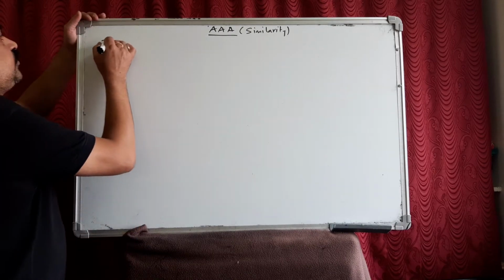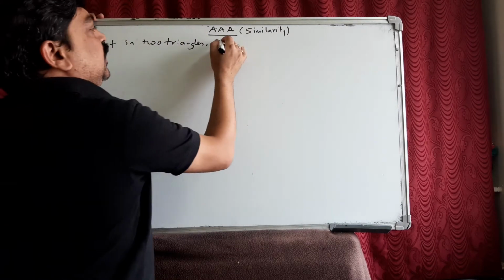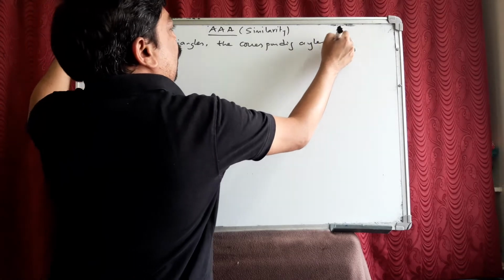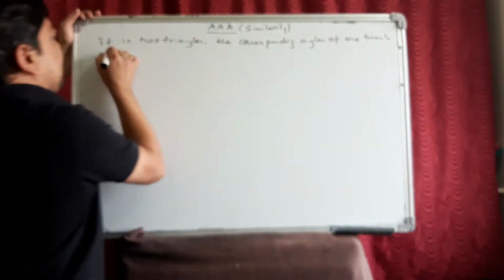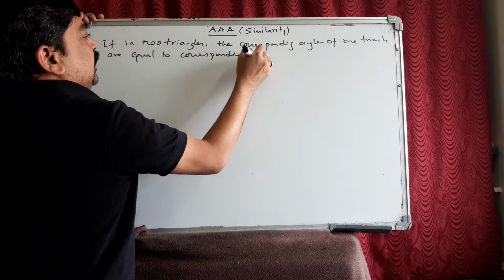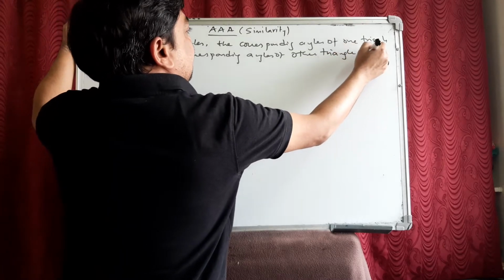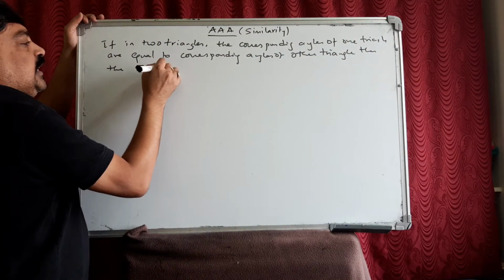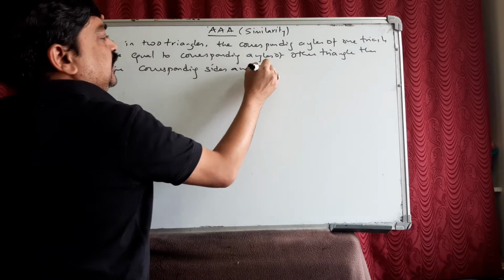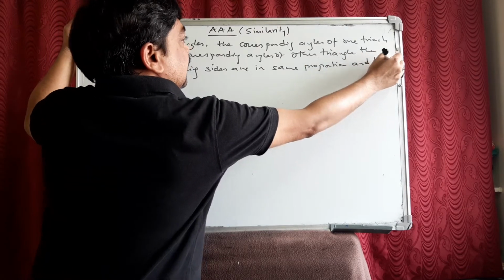What is the statement? If in two triangles the corresponding angles of one triangle are equal to corresponding angles of the other triangle, then the corresponding sides are in the same proportion, and hence the triangles are similar.